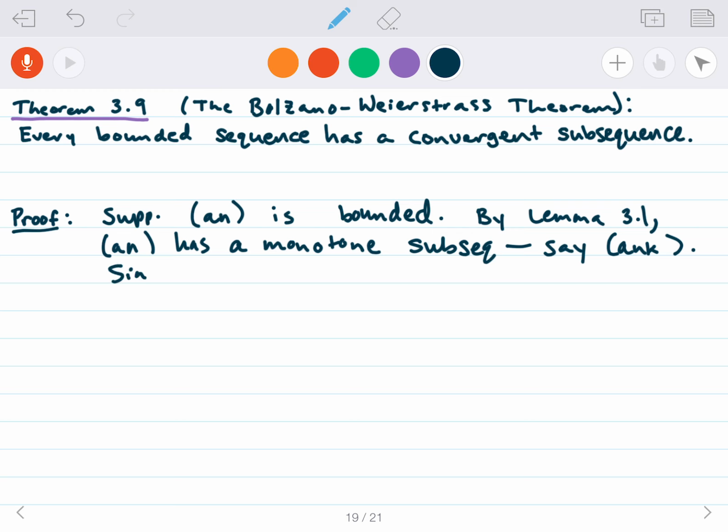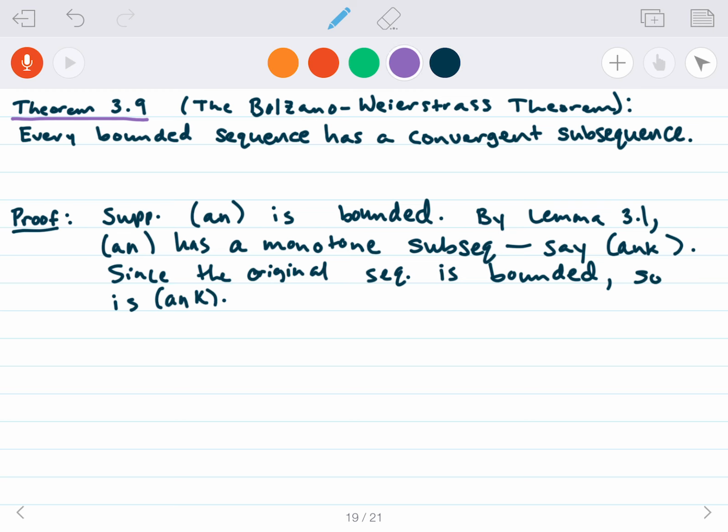Since the original sequence is bounded, so is the subsequence. Right? Because for the subsequence, we're just picking terms from the original sequence. Okay?